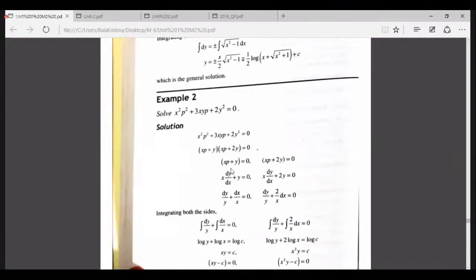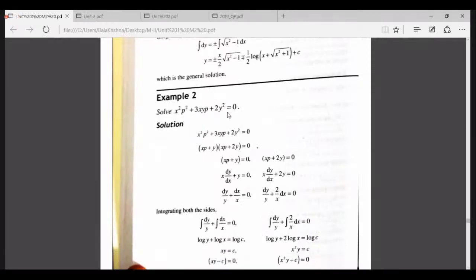If you see the second example, it is x²p² + 3xyp + 2y² = 0. Here it is in the form of a quadratic equation. If you treat this as ax² + bx + c = 0, it is in the form of a quadratic equation. You can solve that one, that is x is equal to (-b ± √(b² - 4ac)) / 2a.